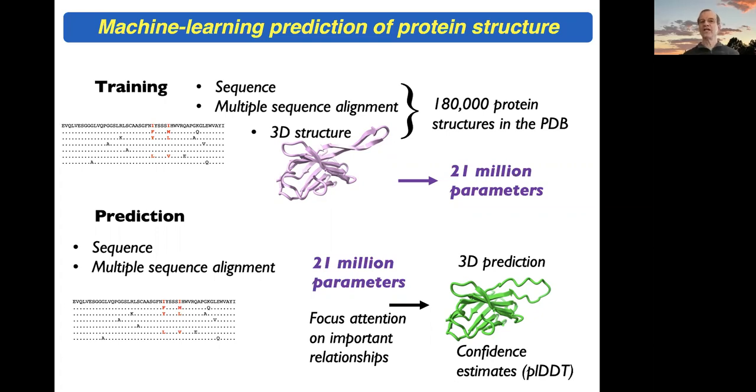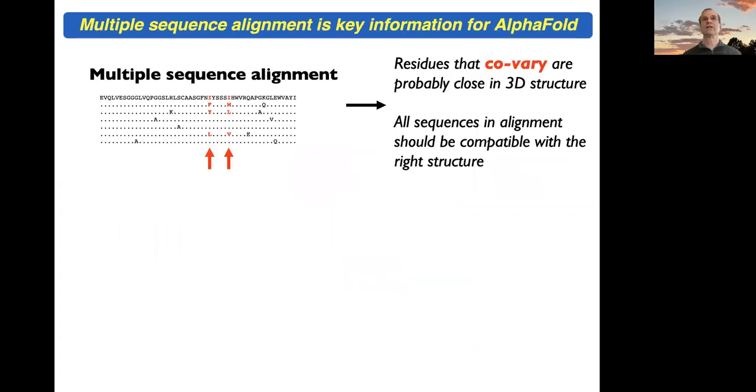Okay, now one of the key elements of this information going in is that multiple sequence alignment. The multiple sequence alignment tells AlphaFold two really important things. One is what residues co-vary when you compare sequences of related proteins. So the red ones here tend to change together in different copies, in different sequences that are evolutionarily related.